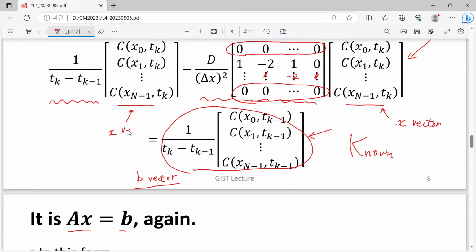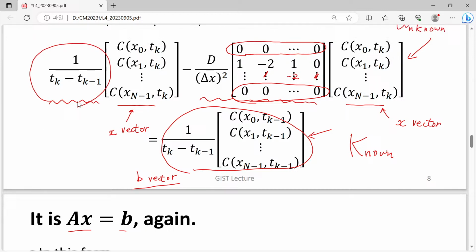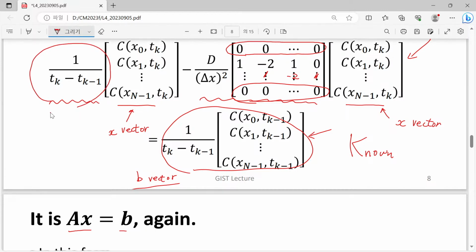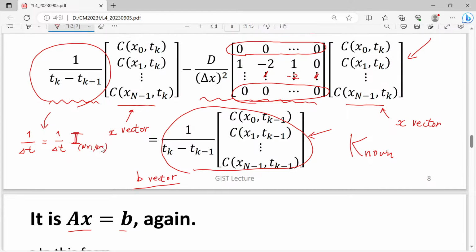Finally, we have the multiplication of a scalar value, 1 over delta t. 1 over delta t can be regarded as 1 over delta t multiplying an identity matrix, whose size is n by n, because we are working on vector multiplication.